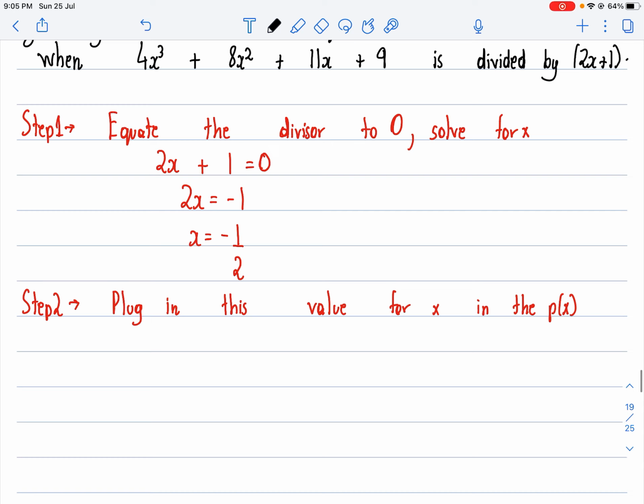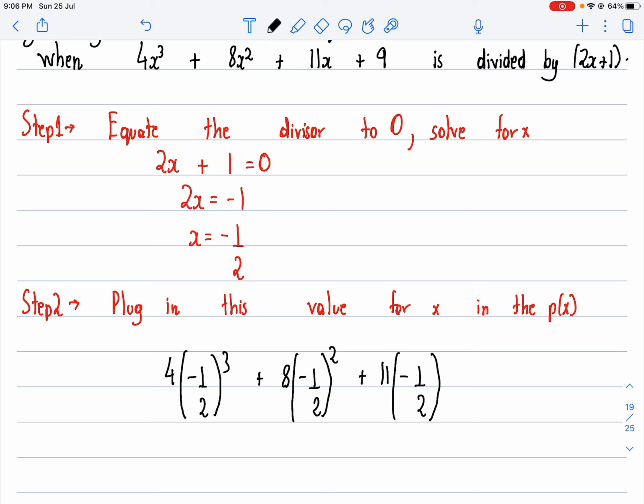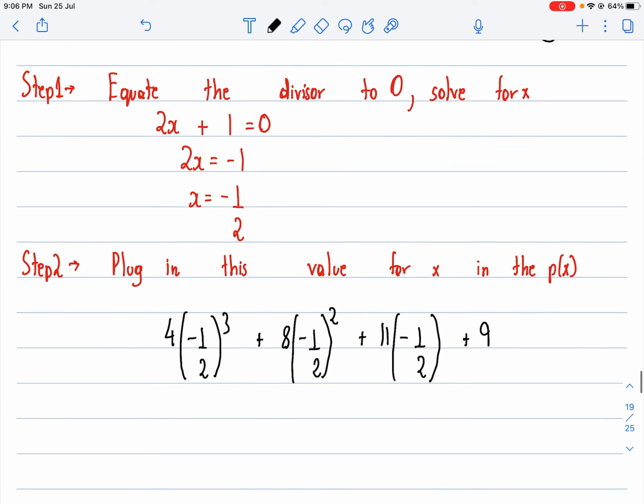So I can simply write this as 4 into minus half the whole cube, plus 8 into minus half the whole square, plus 11 into minus half, plus 9. This is what I have.